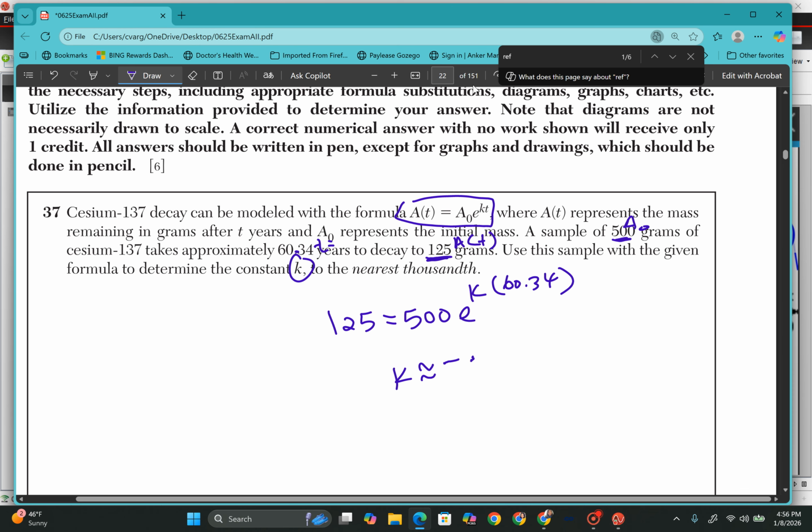So let's do on, new, add calculator, menu, algebra, and solve. And then you're going to type in the function.